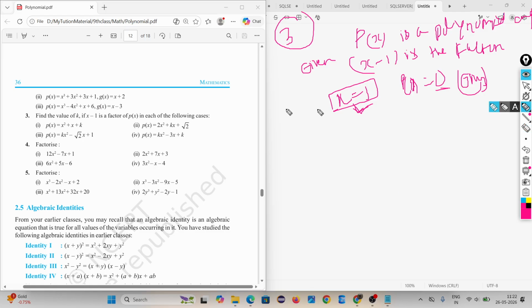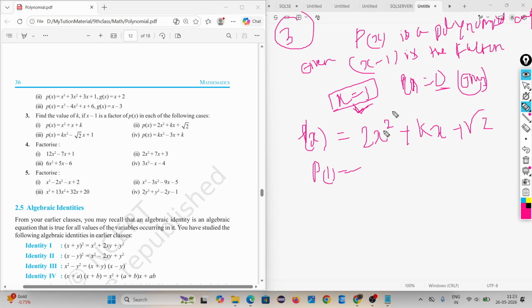Then come to question number 2. Same. P of x equal to 2x square plus kx plus root 2. P of 1, because x value is 1. 2 into 1 square plus k into 1 plus root 2.